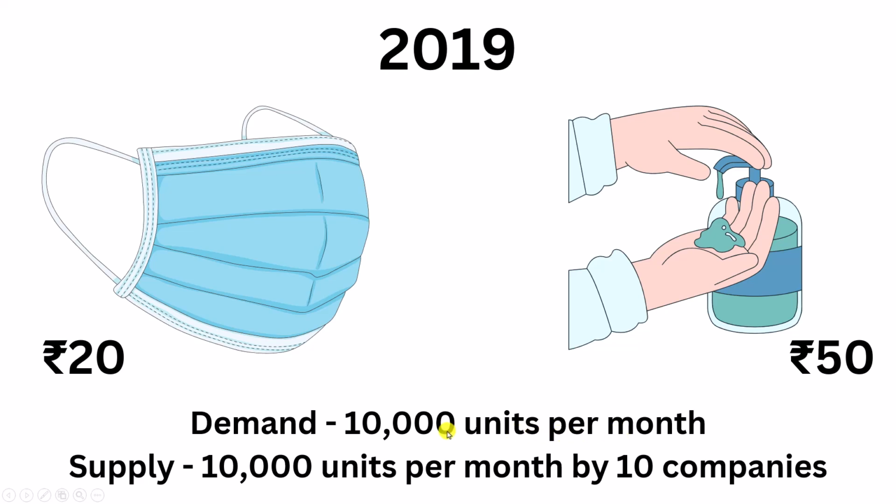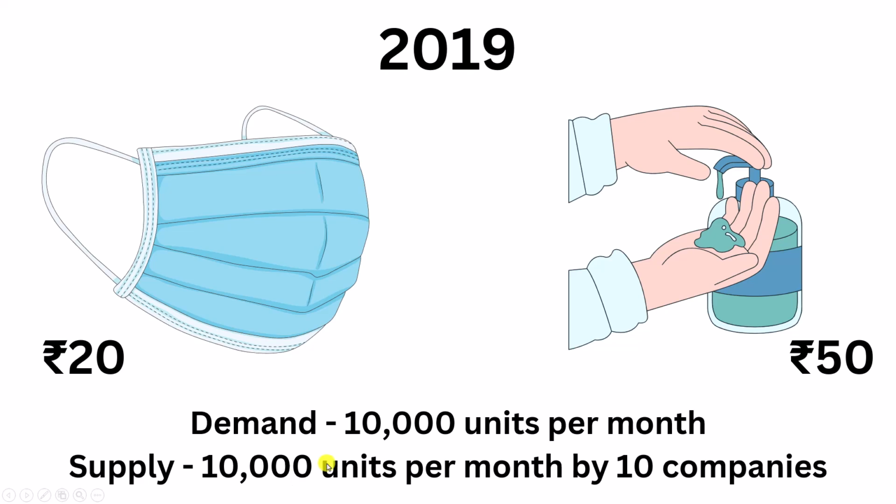Okay? Now let us consider this demand is for our country. Since there is a demand of 10,000 units per month, it is being supplied by 10 companies. There is a demand of 10,000 units. There is a supply of 10,000 units.